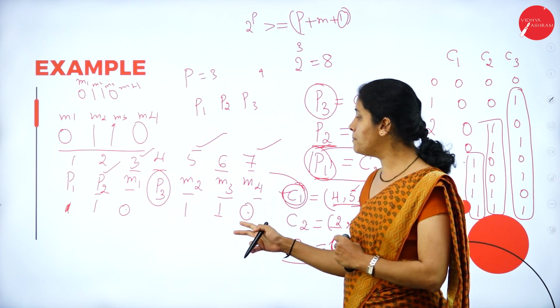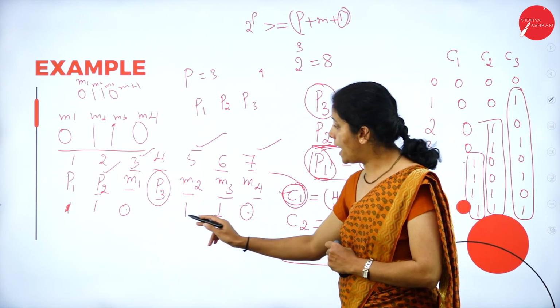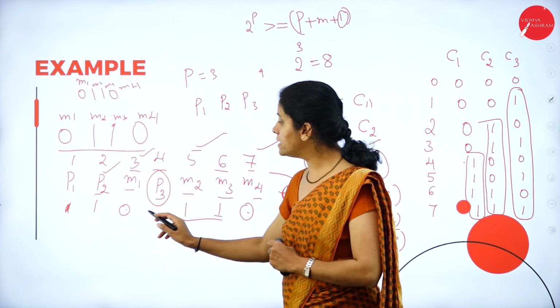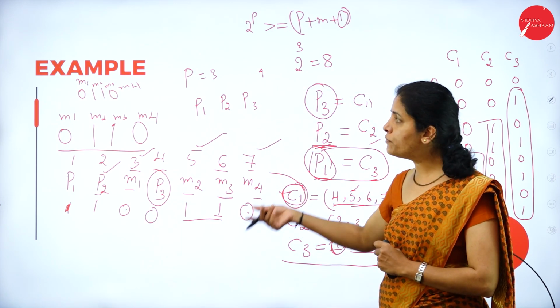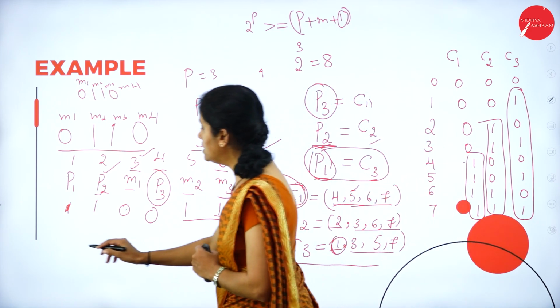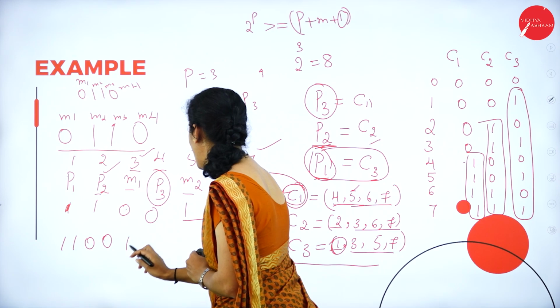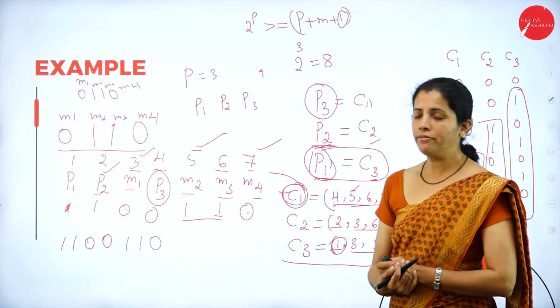It is an even number, and 1, 0. So, I have an even number of ones. So what is my parity bit? It is 0. So what is my Hamming code for this data? It is 1100110. Okay, fine.